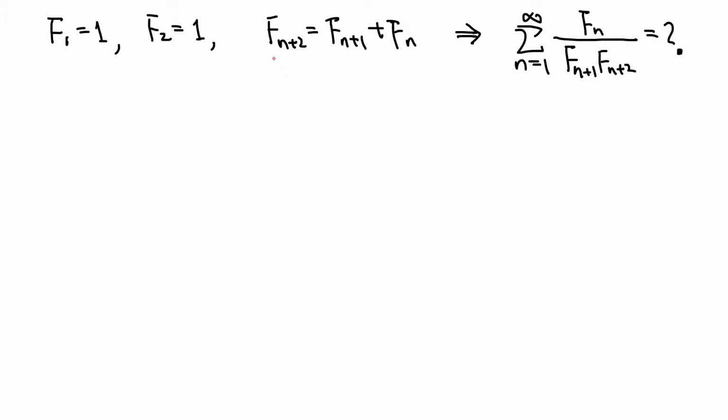Alright, let's start from the recurrence relation right here. From here, we know that Fn equals Fn+2 minus Fn+1.